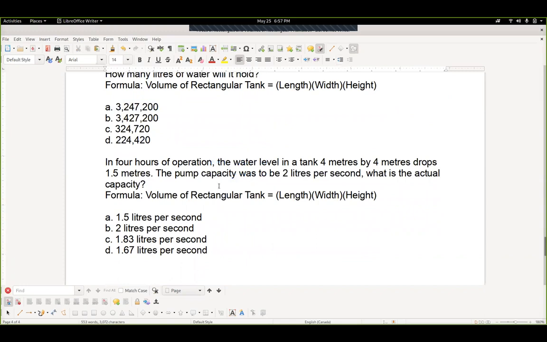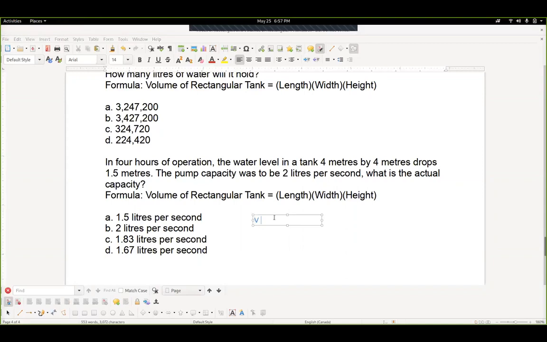So next, in 4 hours of operation, the water level in a tank, 4 meters by 4 meters, drops 1.5 meters. The pump capacity was to be 2 liters per second. What is the actual capacity? So we know that the water level in 4 hours dropped, well, the tank is 4 meters by 4 meters, so it dropped 1.5 meters.